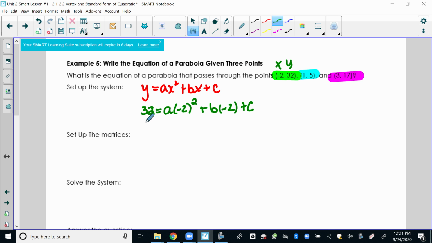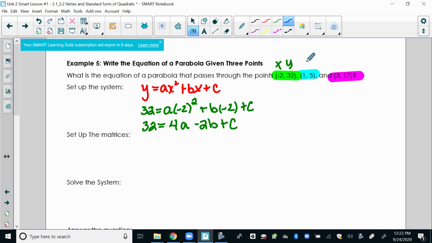When we simplify that, that gives us 32 equals 4a minus 2b plus c. So notice we have 3 unknowns. 3 unknowns means that we need 3 equations. That's why it's important that we have 3 sets of x and y.